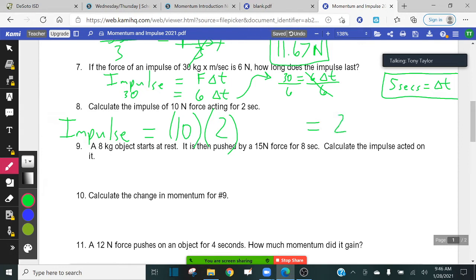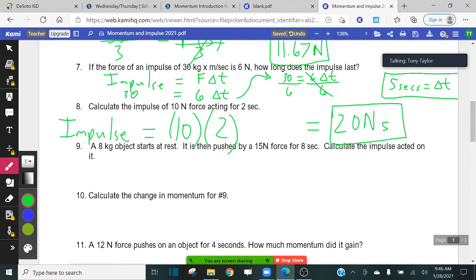That is 20 Newton seconds. That is number 8. Okay.